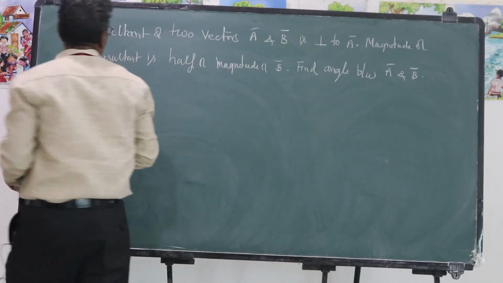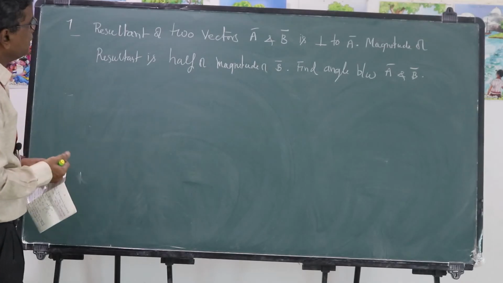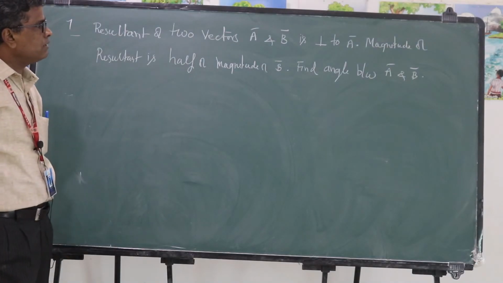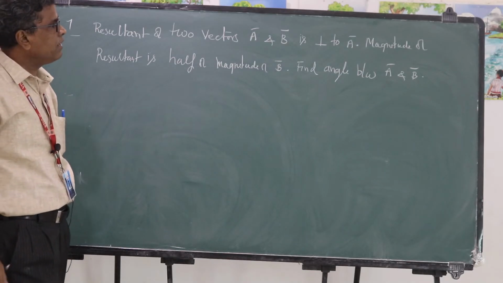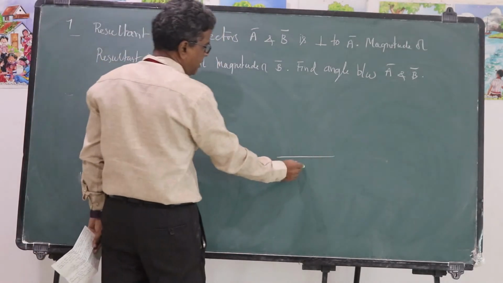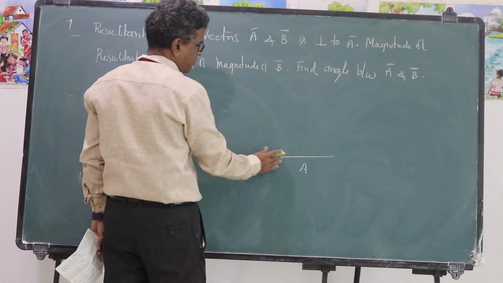So the resultant of two vectors, A bar and B bar, is perpendicular to A bar. We don't know the vectors, let them be A bar and B bar.